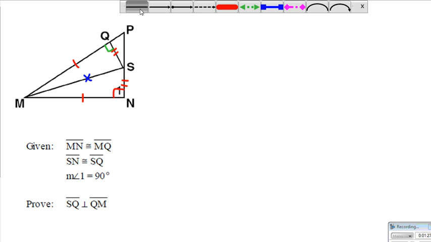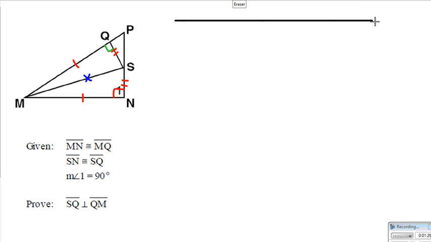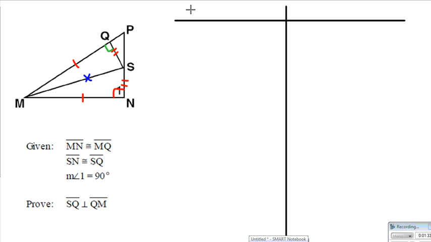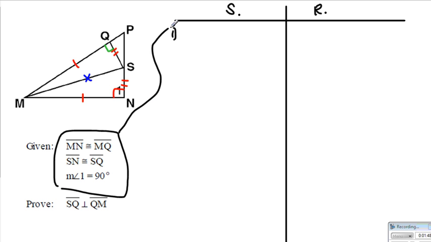So first, here is the statement, here's the reason. Now, first, let us assume that we put down this given over here just to save time.